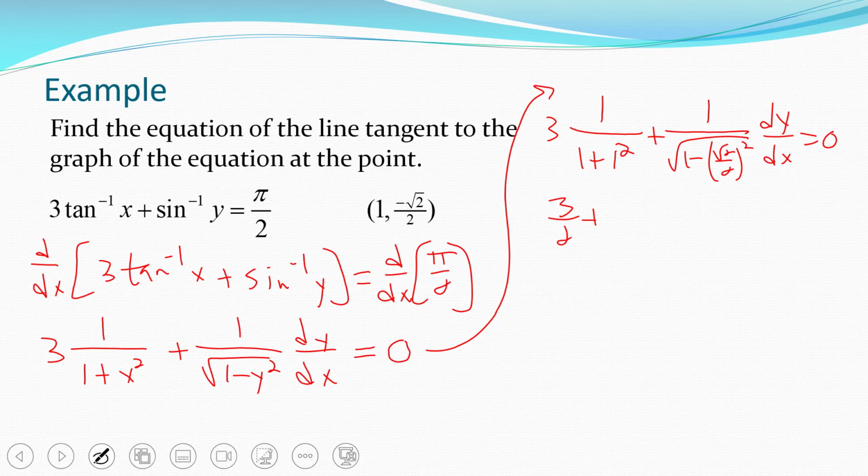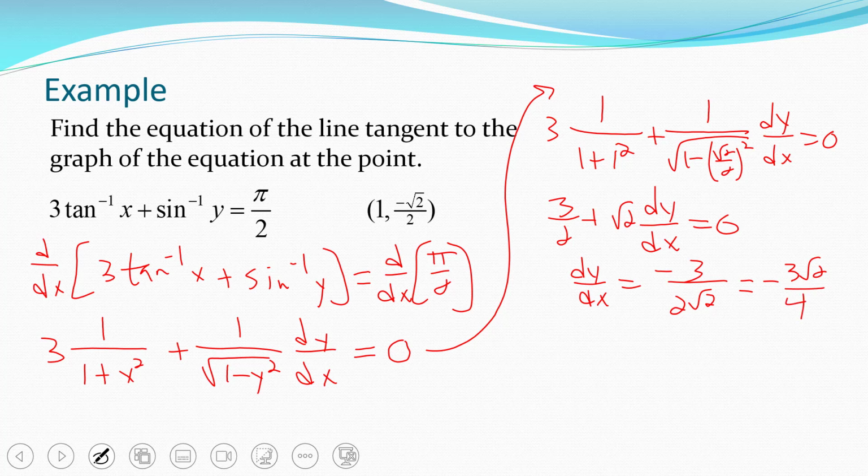So this is the square root of 2 times dy dx, and that equals 0. So we just solve for dy dx. You get dy dx is equal to the opposite of 3 over 2 square roots of 2. If you want to rewrite that as negative 3 square roots of 2 over 4, that's fine.